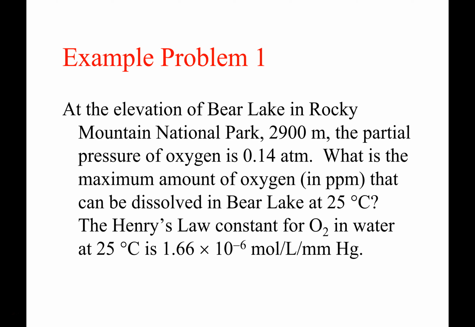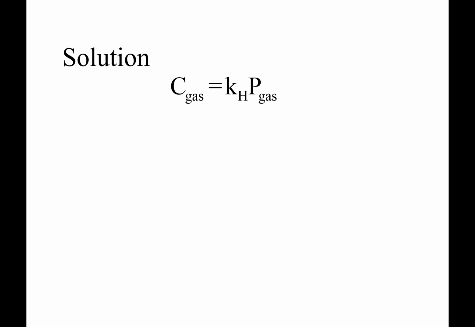Knowing Henry's law constant says this. Doesn't look too bad. Henry's law constant times partial pressure. What's going to be interesting is to get the oxygen from units of moles per liter to units of parts per million. So we just plug and chug.